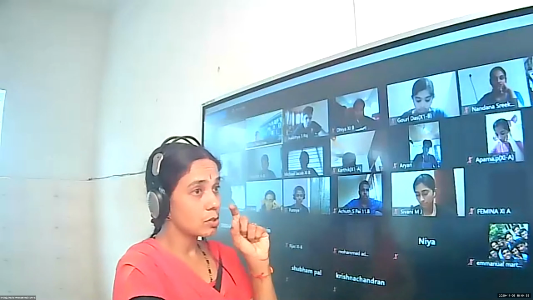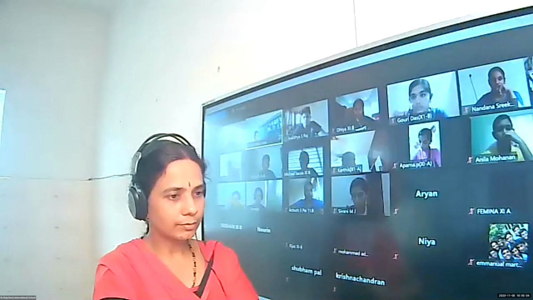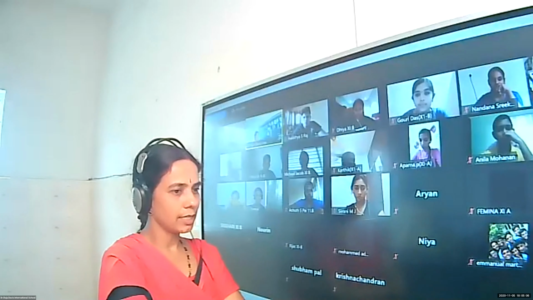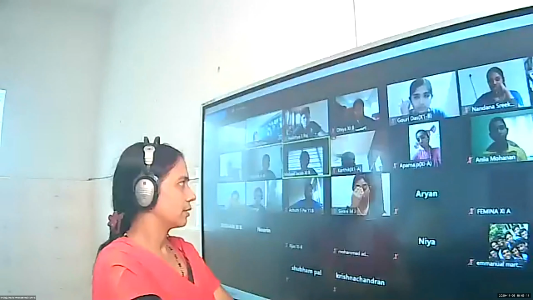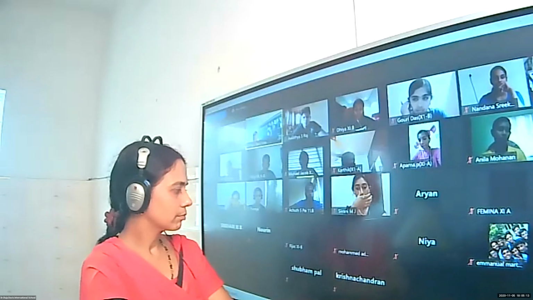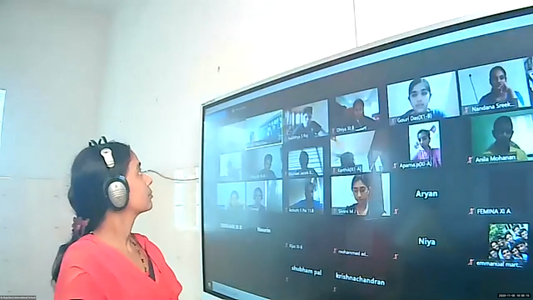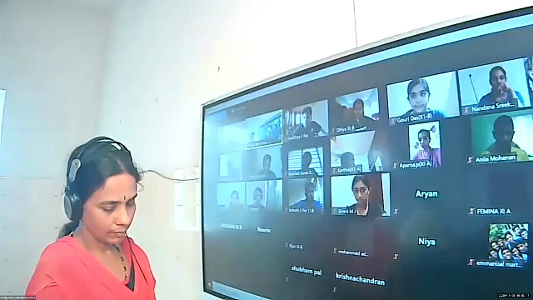Then take half of the coefficient of x and add its square on both sides. Then simplify it. Can use the identity a minus b the whole square, a plus b the whole square. Okay.